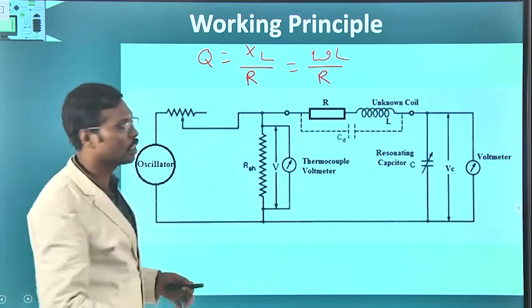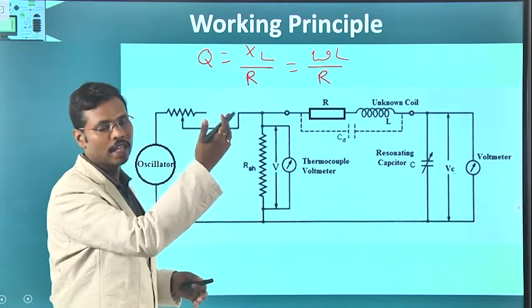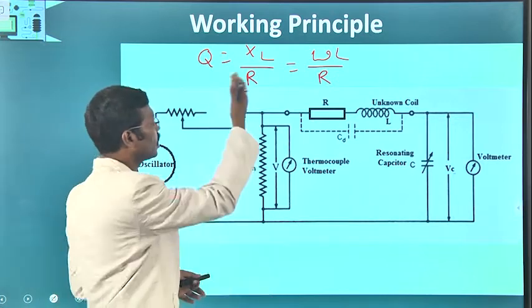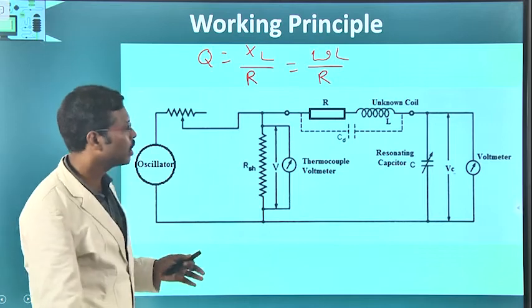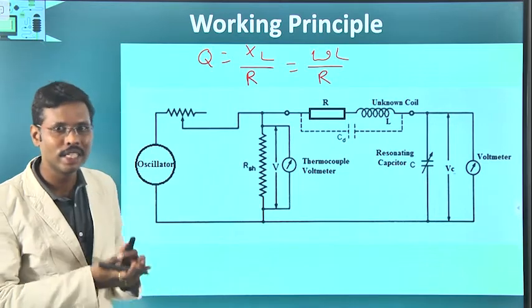So quality factor is the ratio of inductive reactance to the resistance, XL by R, where XL is omega L.